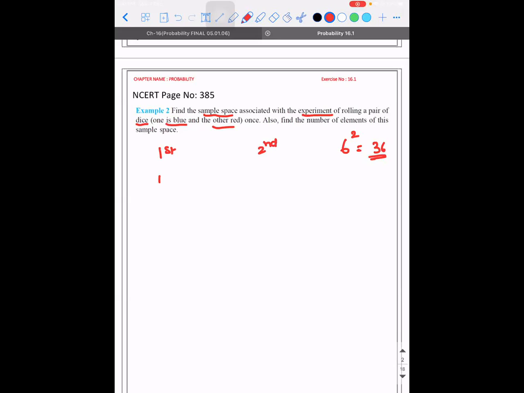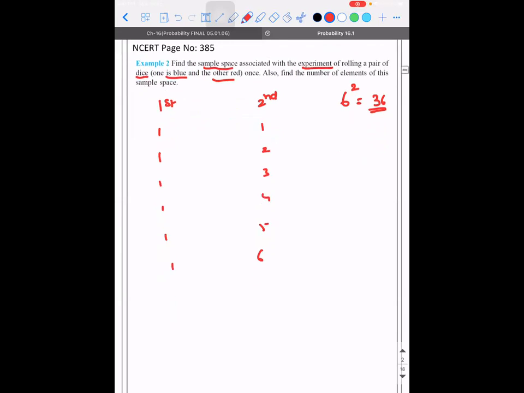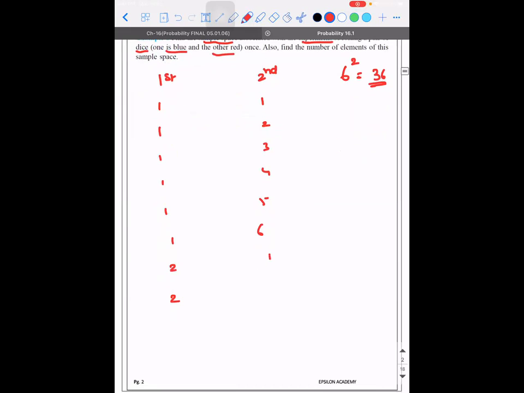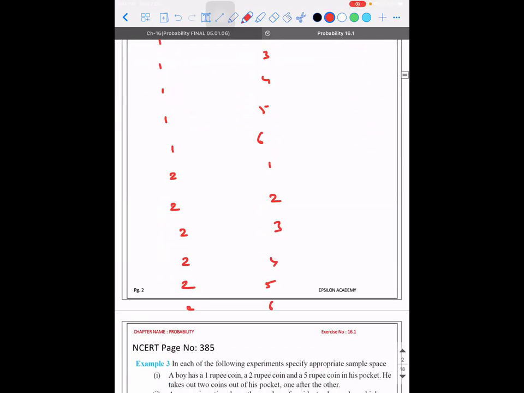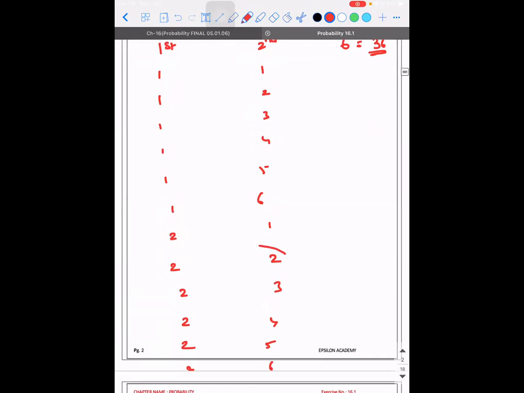Suppose the first die shows 1, the second die also can show 1. You fix the first number 1, it can show 1, 1, 1, 2, 1, 3, 1, 4, 1, 5, 1, 6. Similarly, 2, 1, 2, 2, 2, 3, 2, 4, 2, 5, 2, 6. Now I have a question.